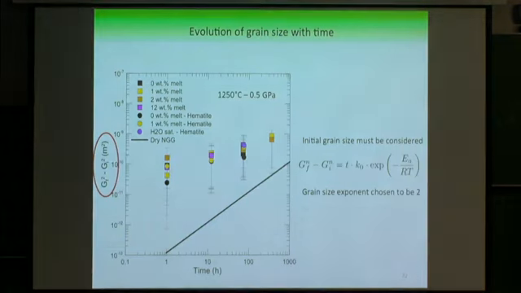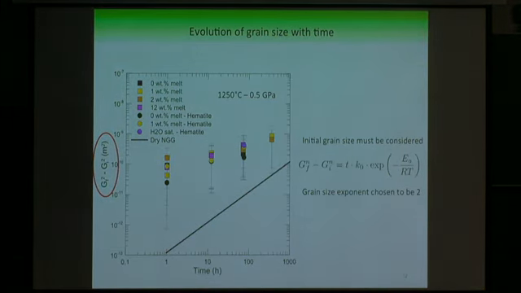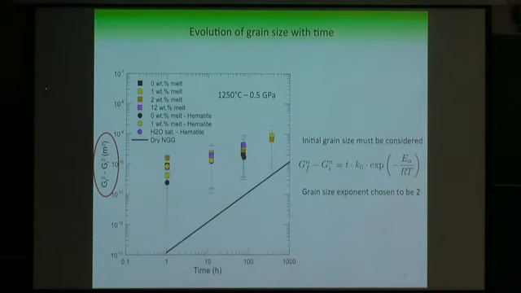And now let's go to grain sizes. Here I show you a plot, not of grain growth rate, but of final grain size minus initial grain size, where I've deliberately implemented a grain size exponent of 2, as a function of time. This is for a condition of 1250 degrees Celsius and 0.5 GPa.